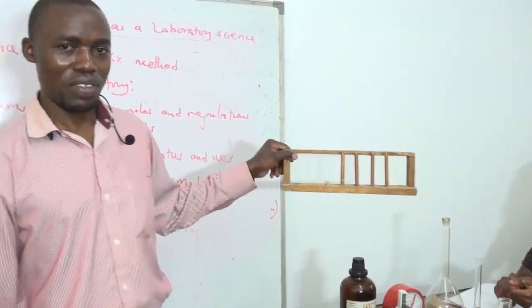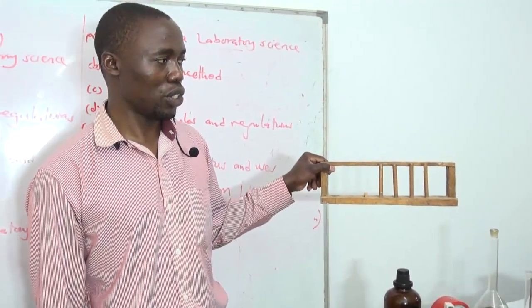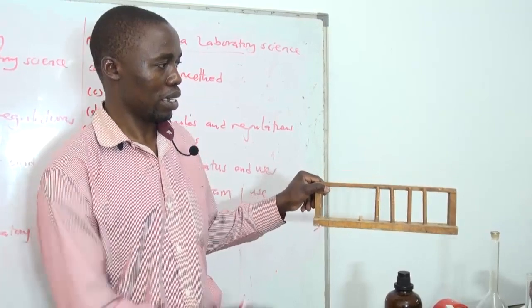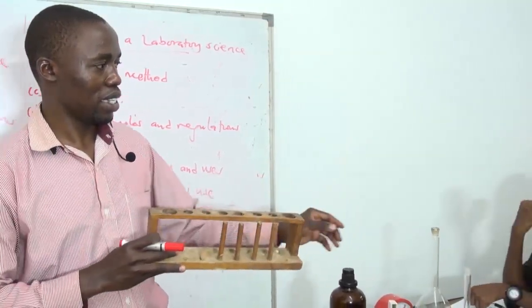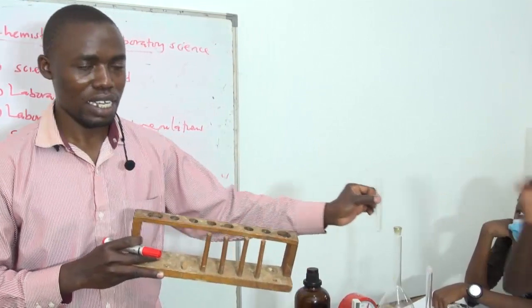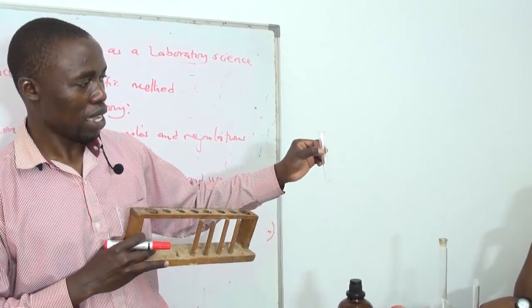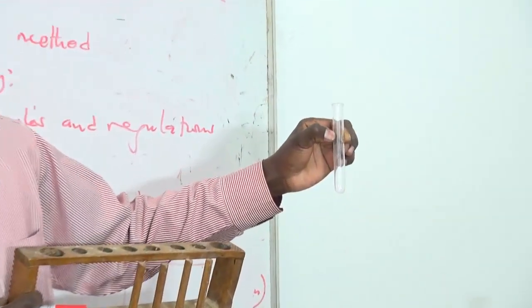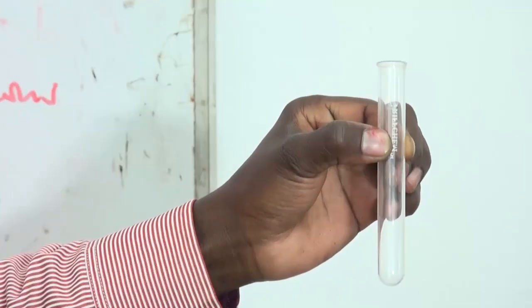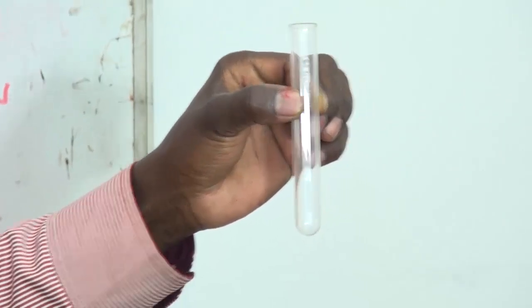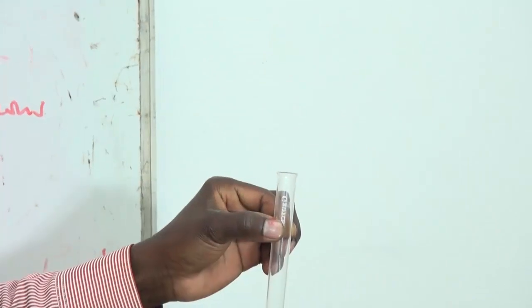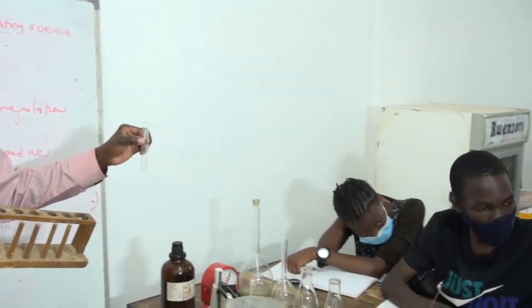Fine. Then could you show us a test tube? This is called a test tube, not so? What is the use of a test tube? Let us hear from him.